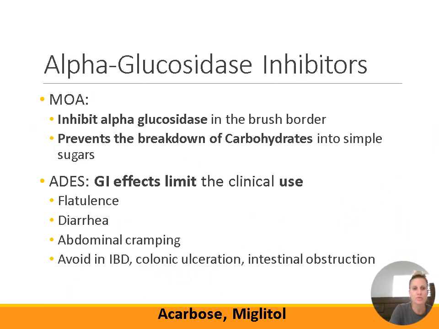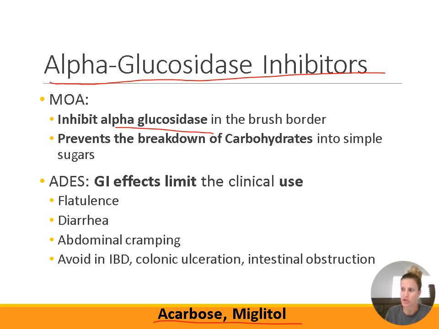All right, so next we'll talk about a couple alpha-glucosidase inhibitors. That includes acarbose and miglitol. These do exactly what they sound like. They inhibit the enzyme alpha-glucosidase, which is a brush border enzyme in the intestines. So what alpha-glucosidase does is, as carbohydrates, like kind of big sugars, are going through the intestines, they get broken down into small little simple sugars.